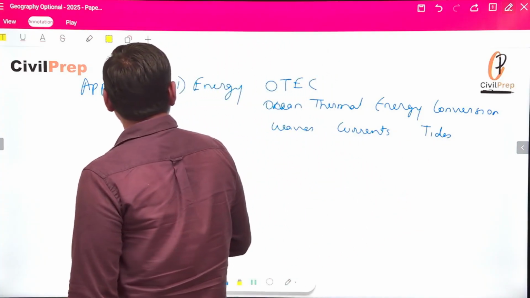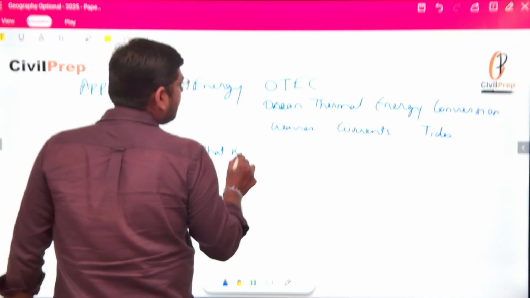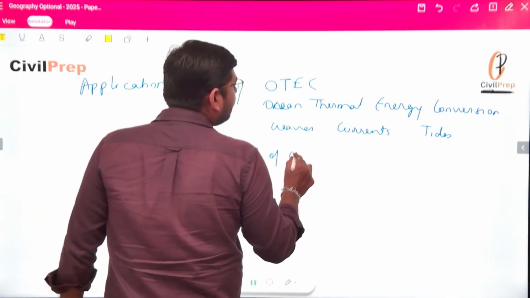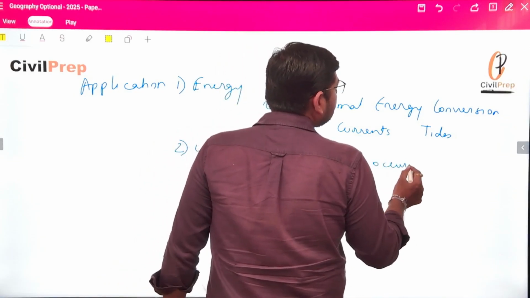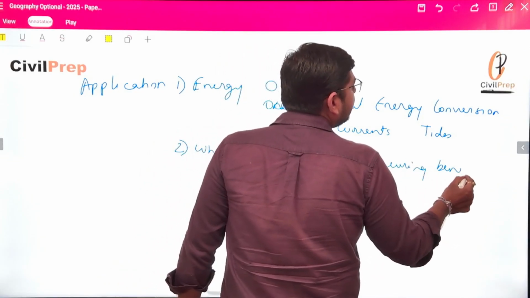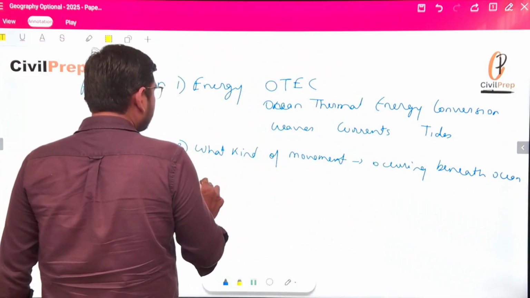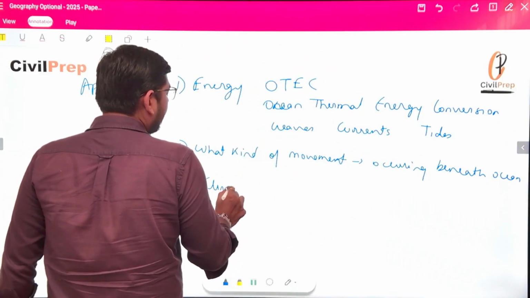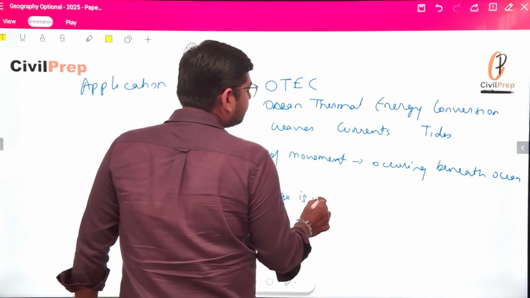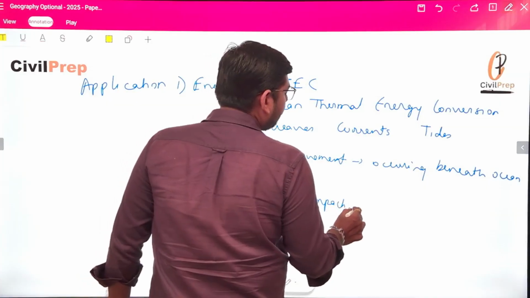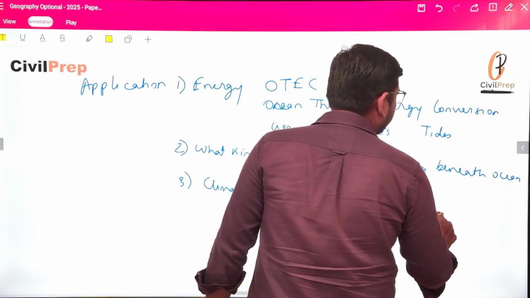Now, second thing, they also help us to understand what kind of movement is occurring beneath the ocean, and they also help us to understand how climate change is impacting the three processes or phenomena.